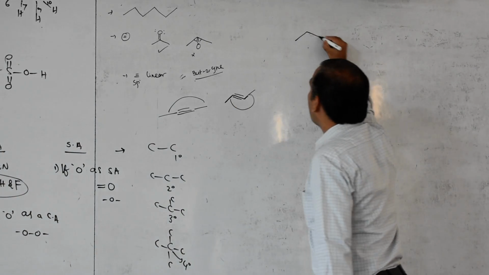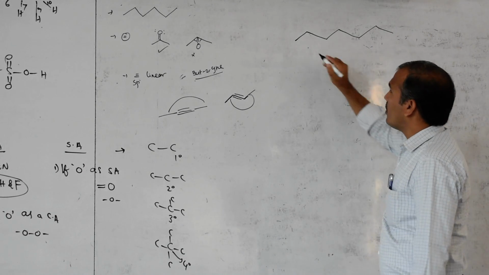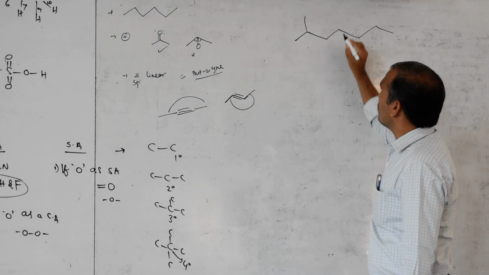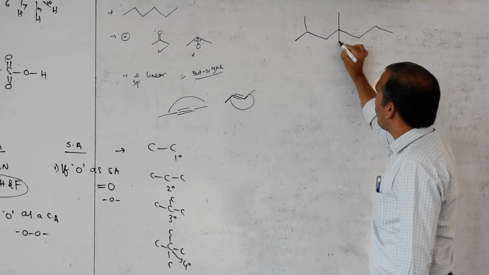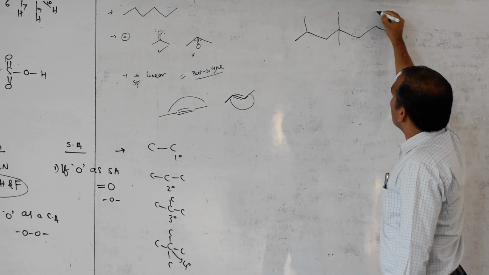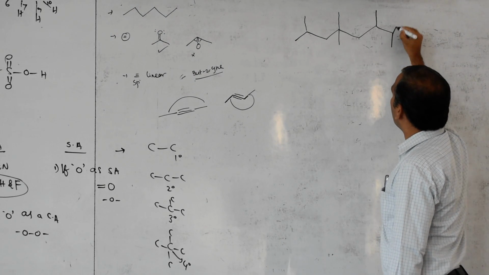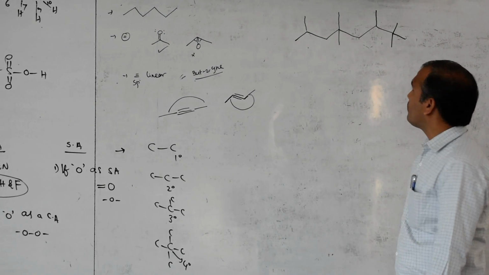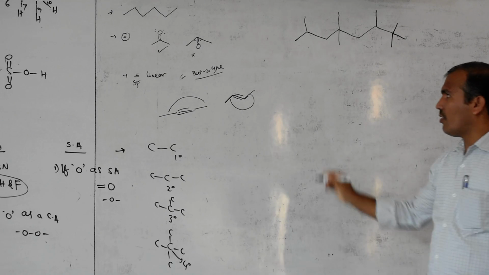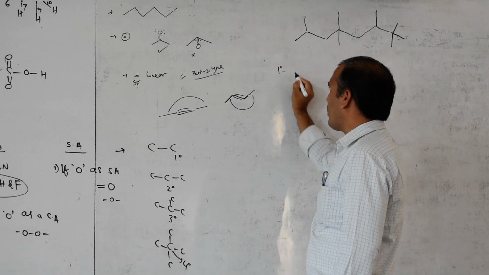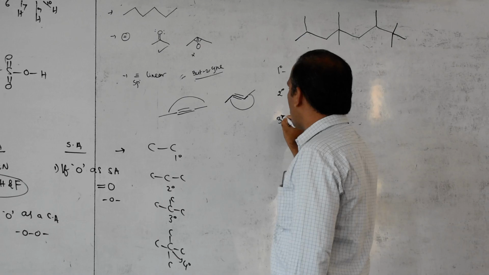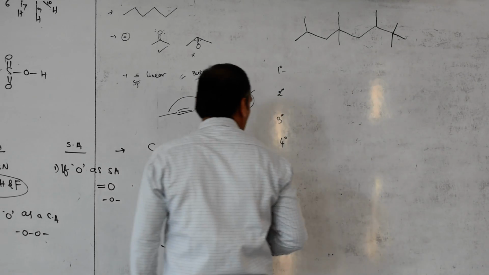Now suppose this is given. In that, find out the number of primary, secondary, tertiary and quaternary carbons.